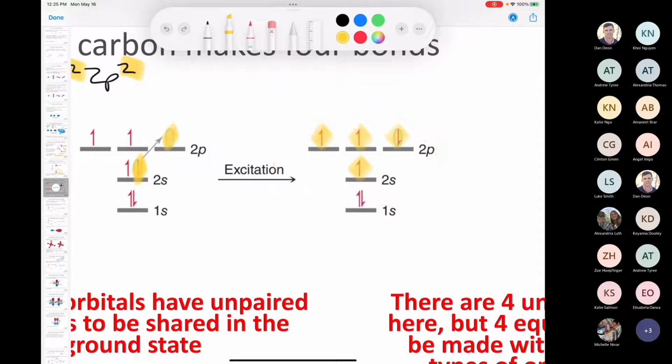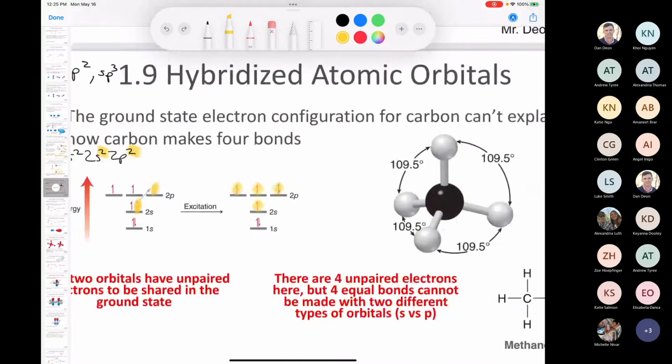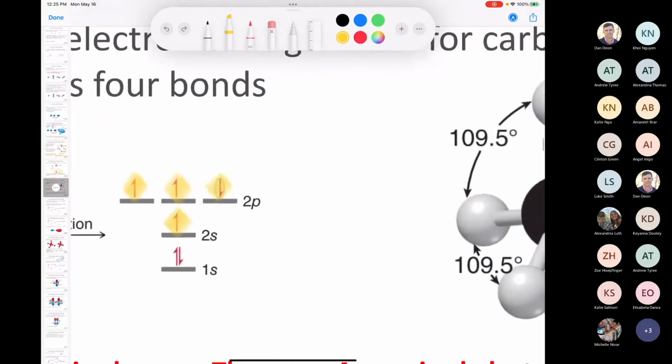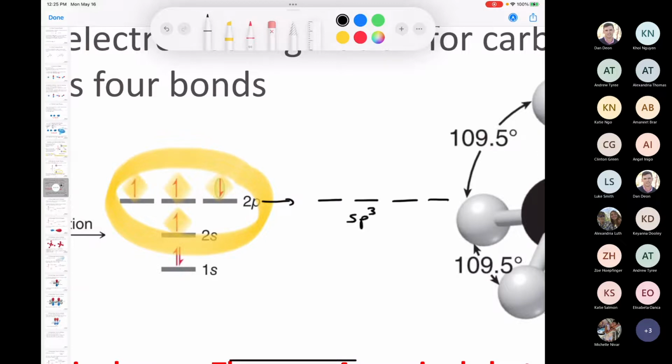And so how would we make 4 even bonds that spread out in the tetrahedral arrangement that we see with carbon? And the answer is you have to take those 3 orbitals, the 3 2p orbitals plus the 1 2s orbital, and you mix them together or hybridize them to make 4 degenerate sp3 orbitals with 1, 2, 3, 4 electrons. 1 unpaired electron in each orbital.